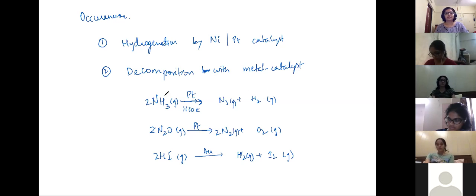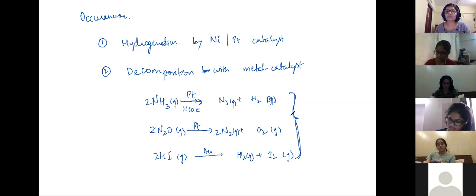Okay. So can anyone explain why these fall under zero order chemical reactions? How come it is independent of the concentration, or in this case, the pressure of the reactant? Ma'am, it's just like you said, right?